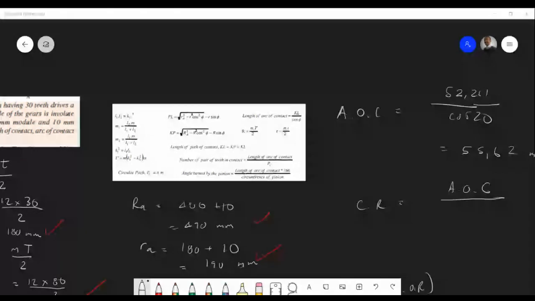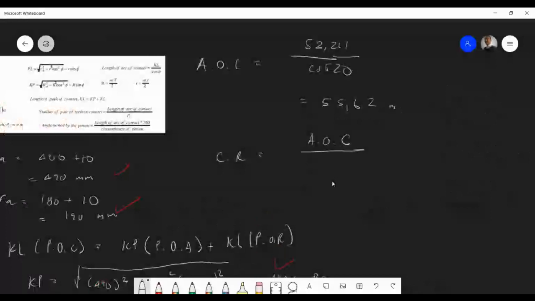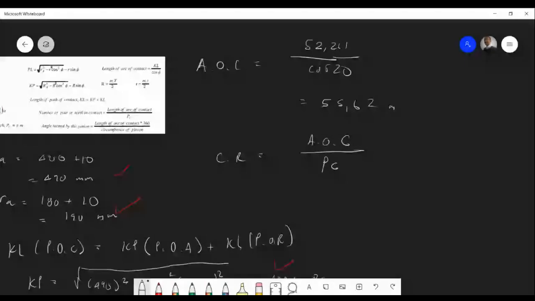Fantastic, right? After that, the contact ratio is the arc of contact over PC. And what is that PC? You guys remember? We didn't actually touch on that PC. We'll talk about it now.